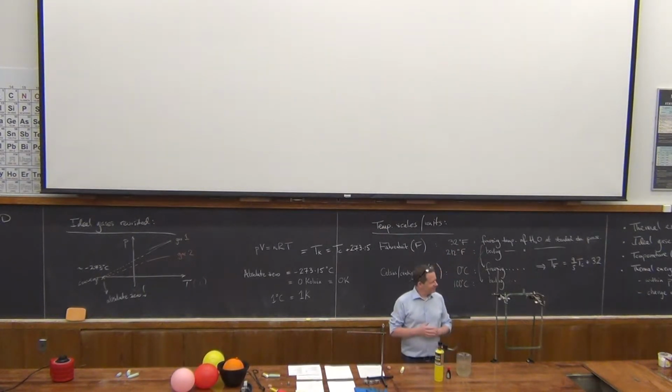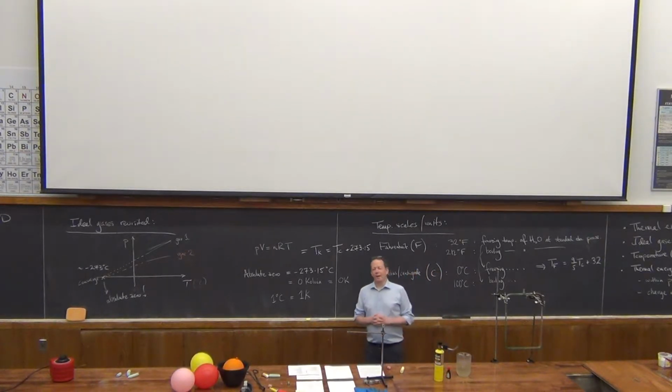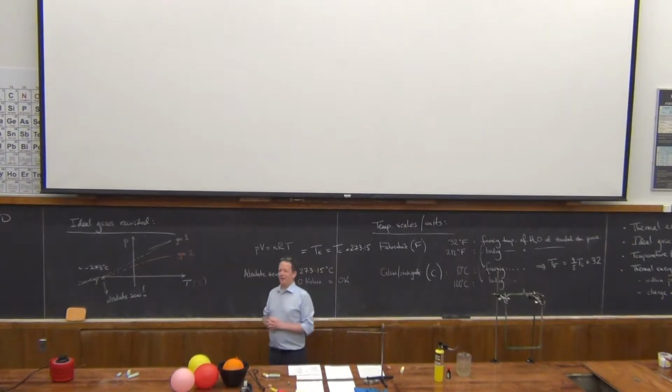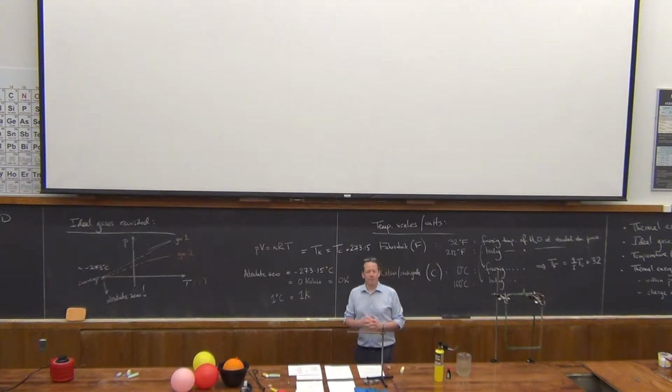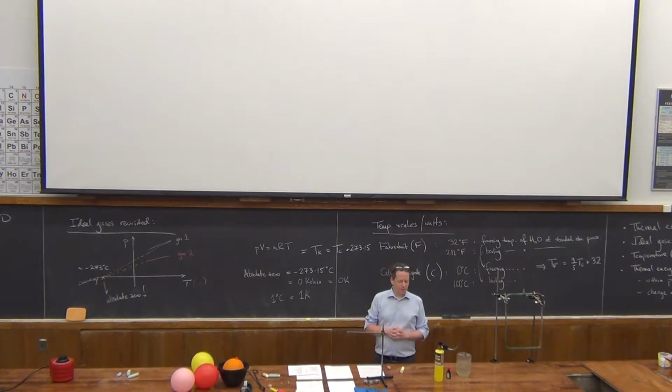Yeah? What would absolute zero look like on a molecular scale? Interesting question. Okay, very interesting question. We're not going to talk about this much in this course, but the question was, what does 0 Kelvin look like on the molecular scale? Well, first off, let me turn that around to you and ask, what does some finite positive absolute temperature look like on the molecular scale?